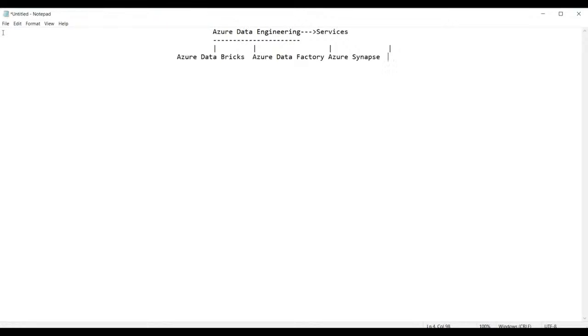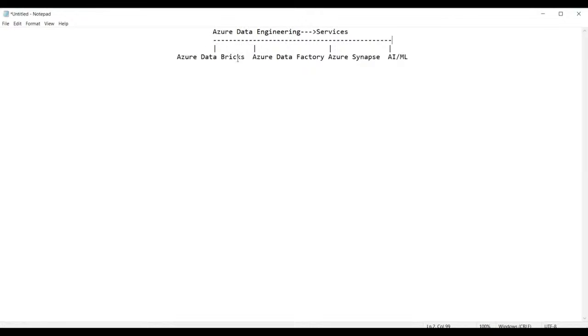We also have Azure Artificial Intelligence, AI, or else we can refer to it as ML, machine learning. These all are the services packed into Azure Data Engineering. That means data engineering means end-to-end solutions for the data.